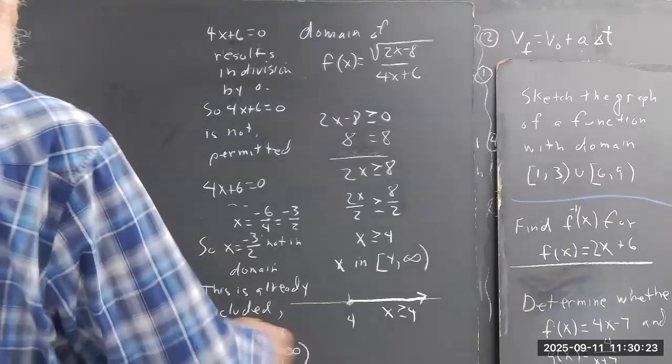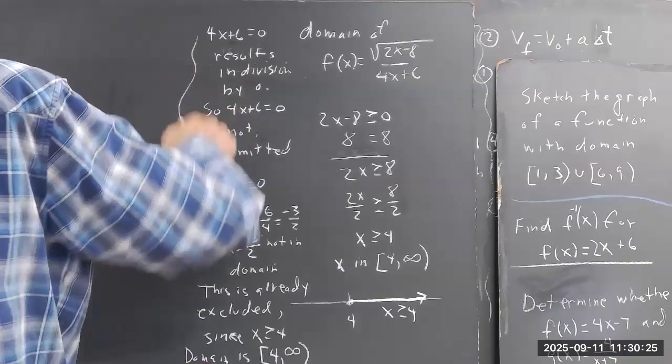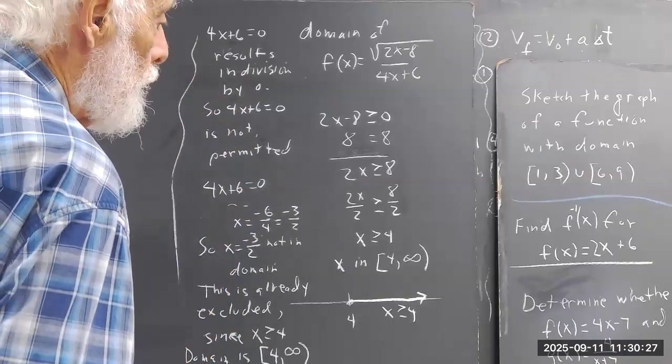So the domain is just the interval from 4 to infinity. Okay.